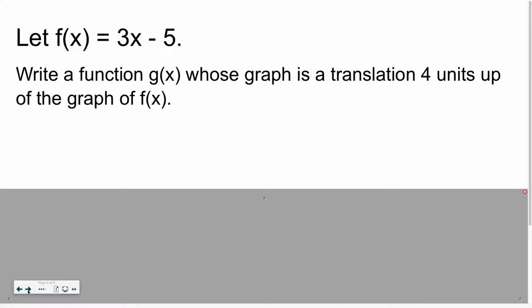Constant, linear, absolute value, quadratic. Linear. You might recognize that as mx plus b. We're going to write a new function g of x, whose graph is a translation 4 units up.